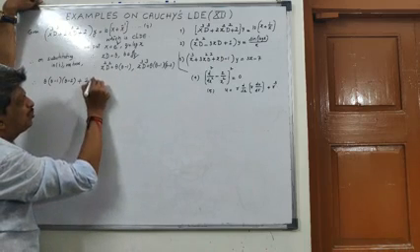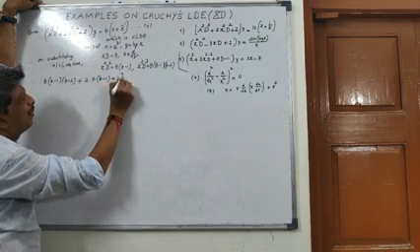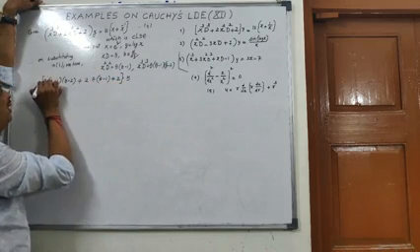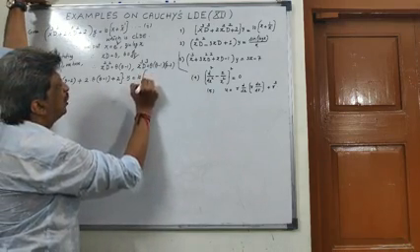It is theta into theta minus 1, plus 2 in bracket times y equal to 10 times x.